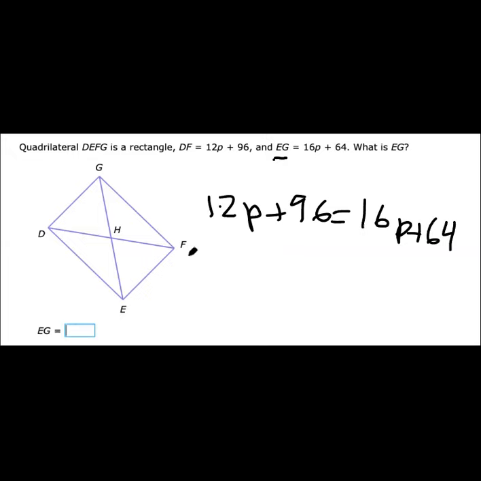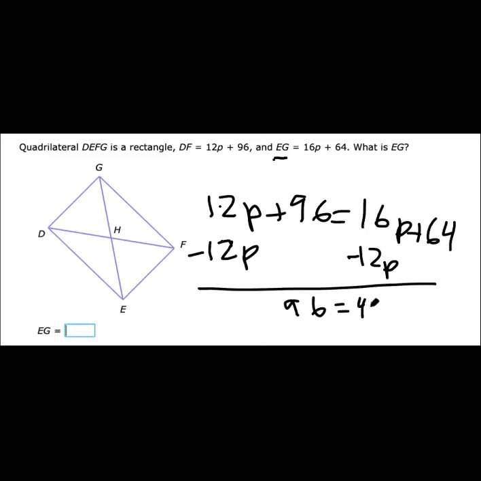So we're going to subtract 12P from both sides. We are left with 96 is equal to 4P plus 64. All right, so we'll subtract 64 from both sides.